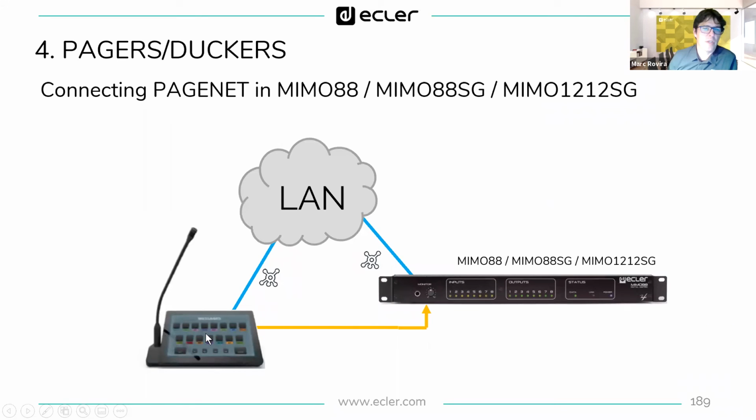So you either use Dante and put a Dante interface in here just to turn the digital audio into analog and get it into one of the inputs, or you use the analog output of the unit to get this audio into the corresponding input.